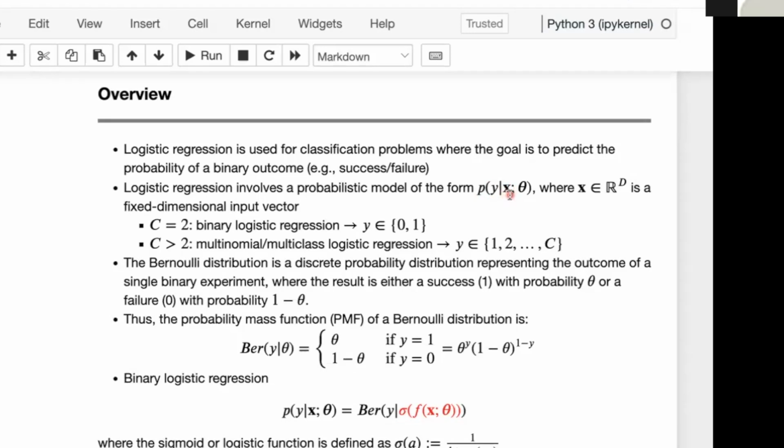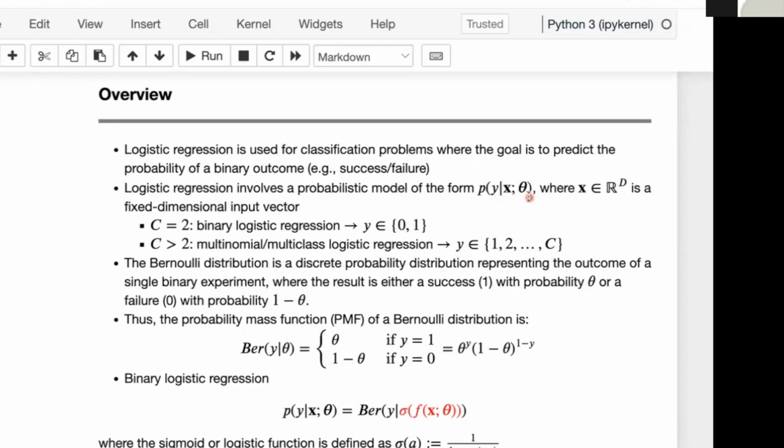So this x is the input vector. Throughout this course, we assume that if we have a tabular data set, this x is a d-dimensional vector where each element is one feature that we're going to use as input. And this theta here is what we use to represent the unknowns of our model.